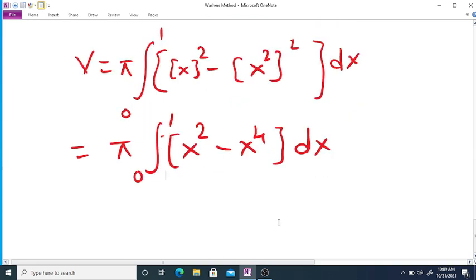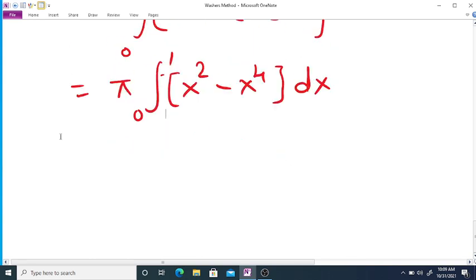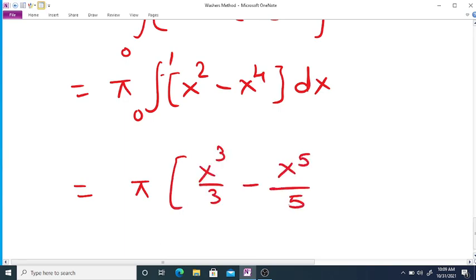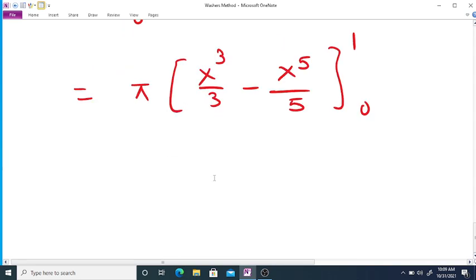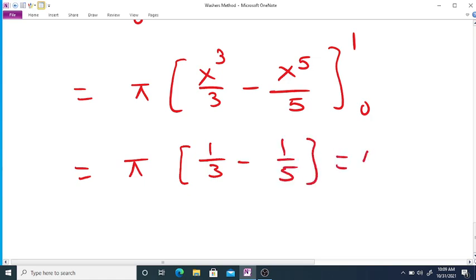It is equal to pi times x cube by 3 minus x raised to 5 divided by 5, and the limits of integration are from 0 to 1. If we solve this, then it is pi times 1 by 3 minus 1 by 5. So it is equal to pi times 2 by 15.